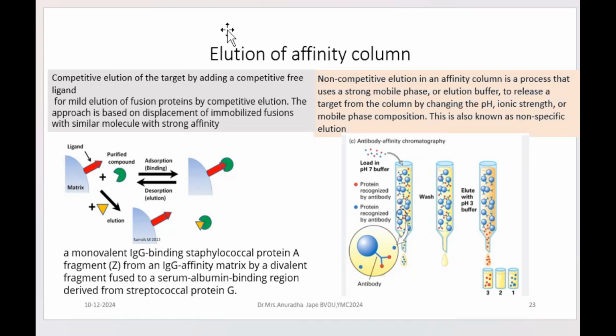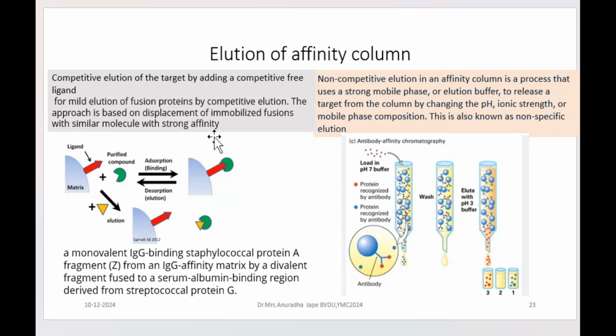Whenever you are looking for a mild elution system, that is, with no harsh conditions such as extreme ionic concentration of salts or extreme pH, which would harm the protein and its functionality, we have to use mild elution. So when we say mild elution, we talk about the competitive elution system.